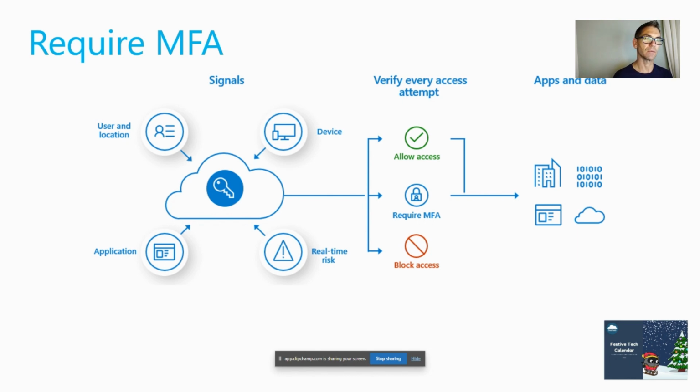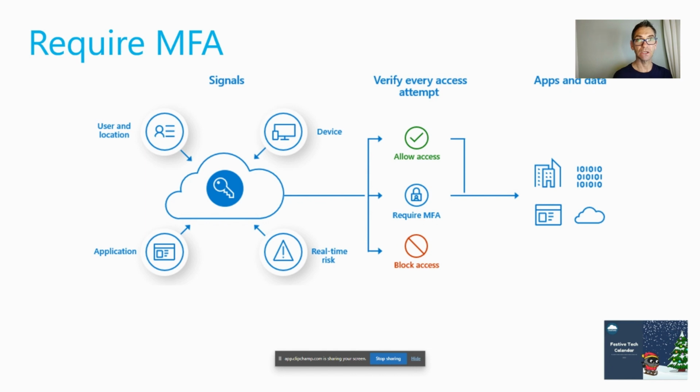So to start off with, we all recognize this diagram. This graphic comes from Microsoft documentation around the policy engine for Microsoft's implementation of Zero Trust, also known as conditional access. Now, one of the typical requirements for conditional access policies, in fact, 35% of all conditional access policies are policies that require MFA or multi-factor authentication in order to access the apps and data.